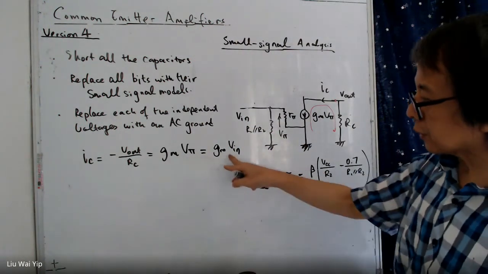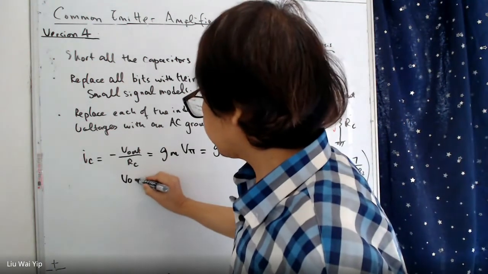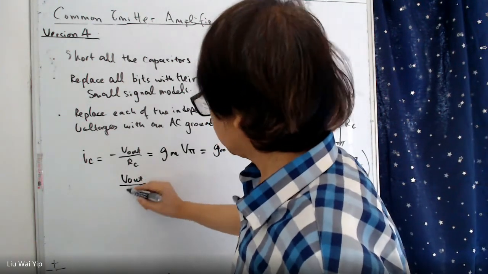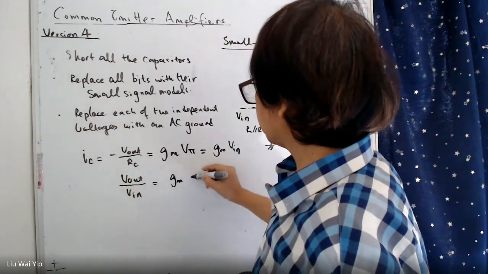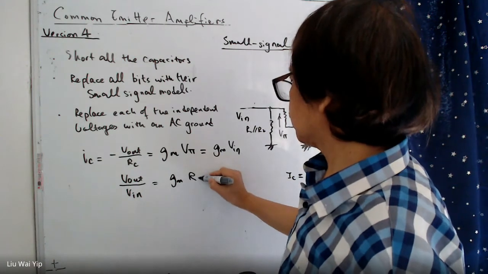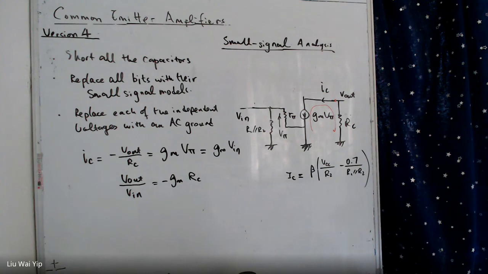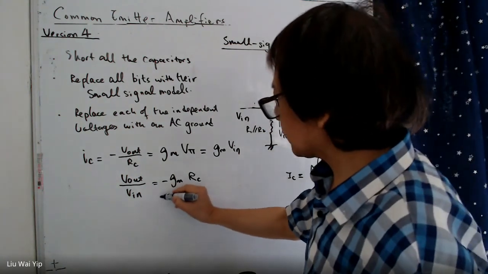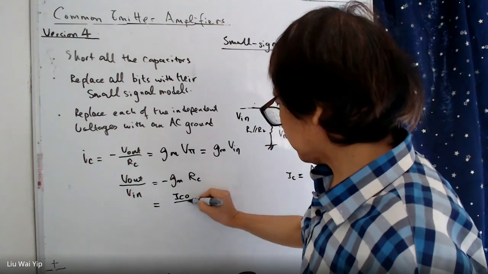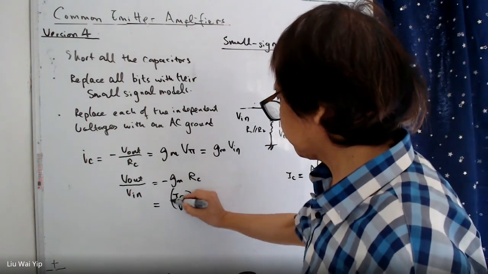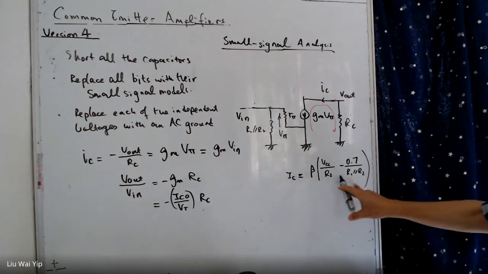And we can rearrange the equation in a way to calculate the voltage gain. And what is gm? gm is IC over VT, or IC, it doesn't matter. And this IC is here.